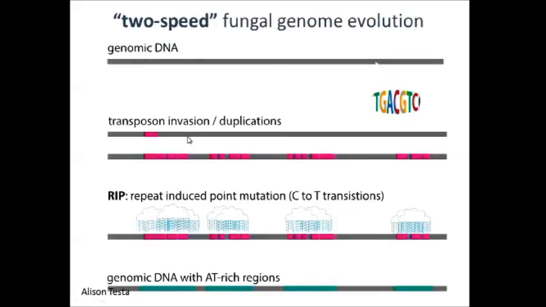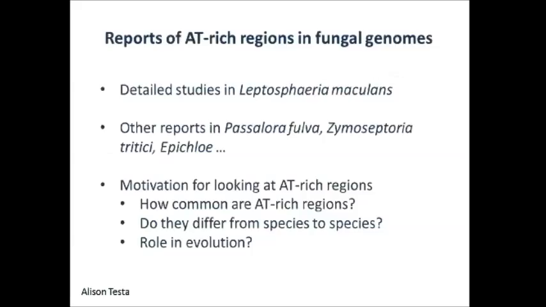The consequence of this for the genome structure is that as a genome becomes invaded by transposons and RIP acts upon it, you get in a way compartmentalization, but a clear separation of GC equilibrated regions and AT-rich regions, or highly RIP affected, repeat-rich, low GC regions, because of the nature of converting cytosine to thymine on a fairly large regional scale.